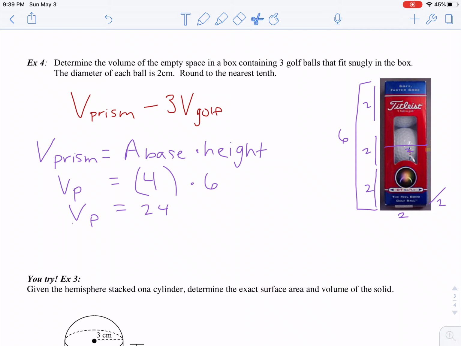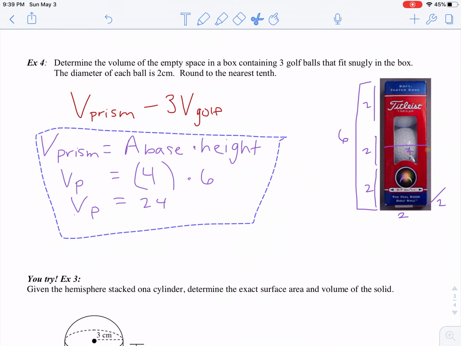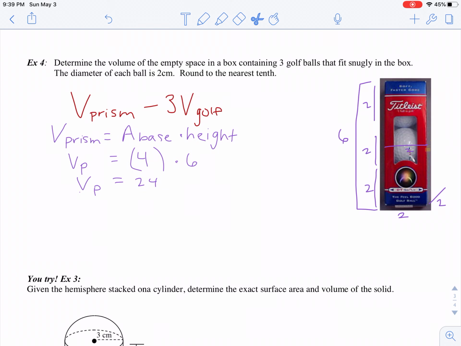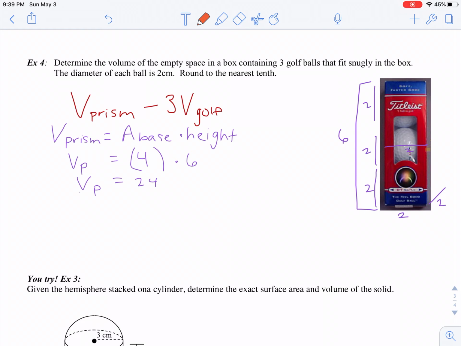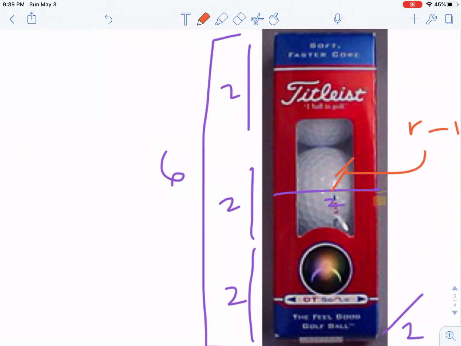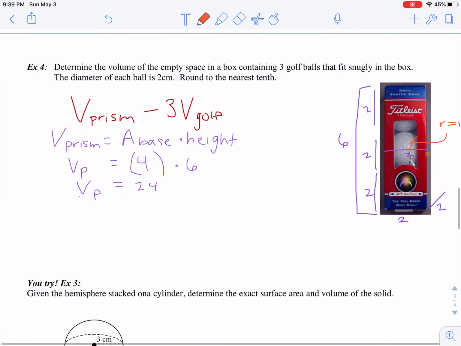Now I also want to find the volume of a single golf ball, which is the shape of a sphere. If the diameter is 2, that makes the radius only half of that, so the radius is equal to 1.